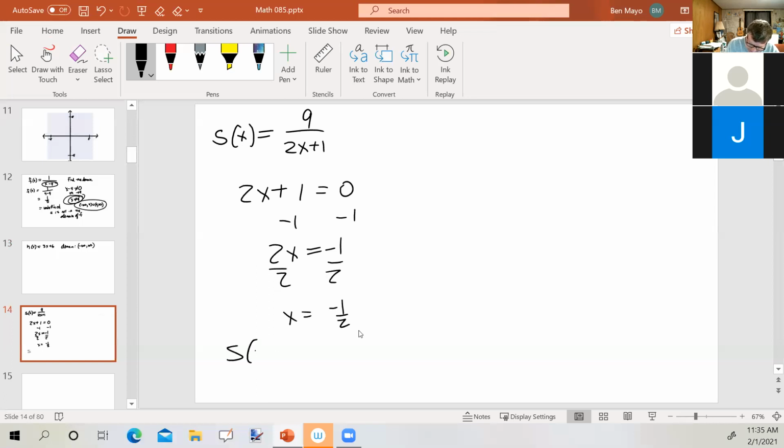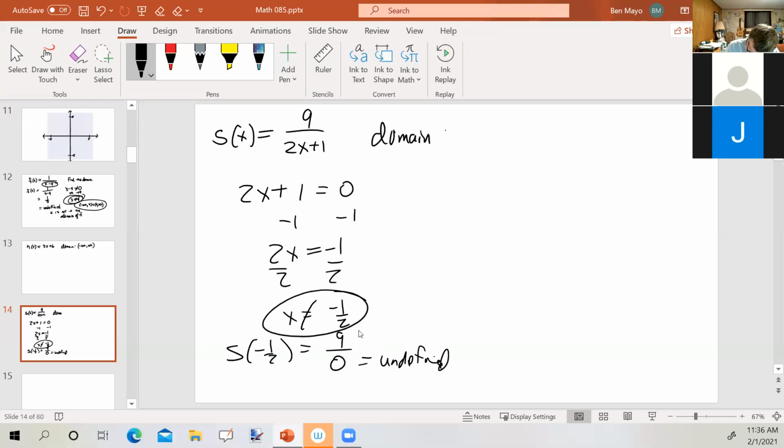So basically s of negative a half would be 9 over 0, which is undefined. So I want to say x not equal to negative a half. So the domain, we go from negative infinity up to but not including negative a half, and then after negative a half up to positive infinity. Okay.